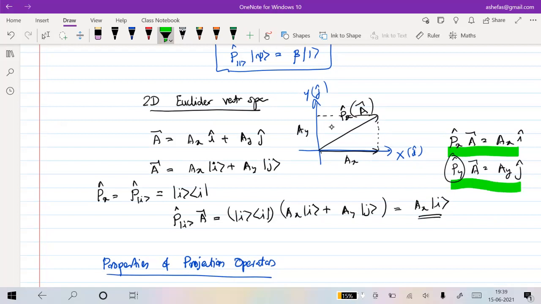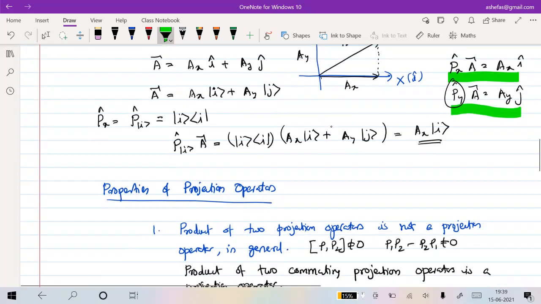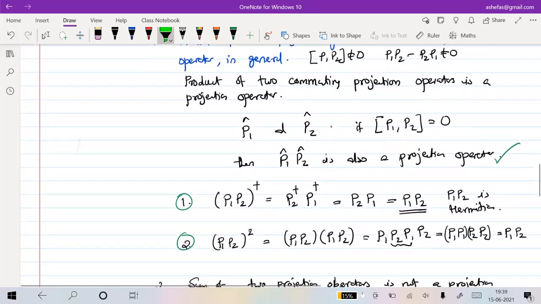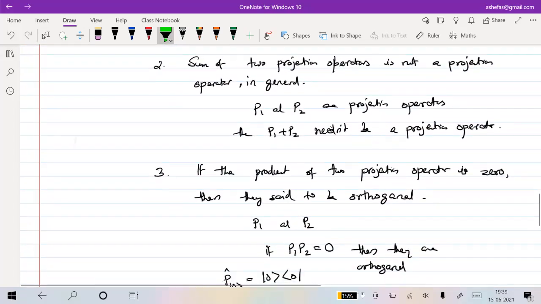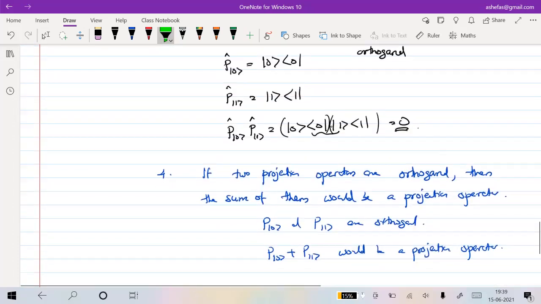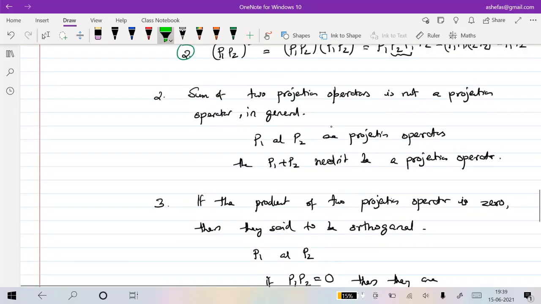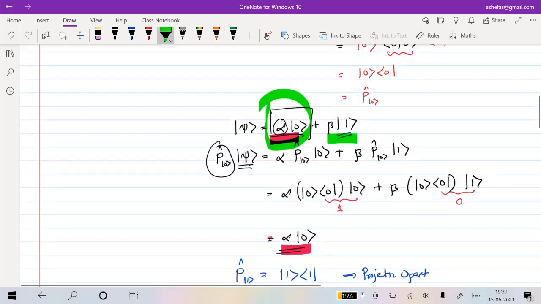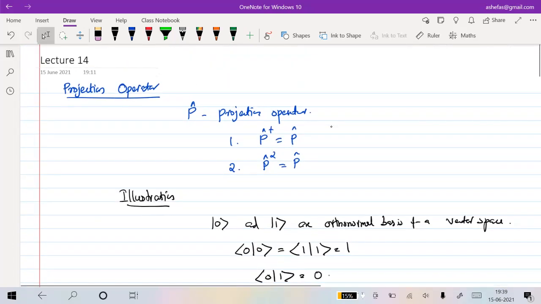So this is the meaning of the projection operator, and this can be extended to an n-dimensional vector space. Thereafter, we discussed the four properties of projection operators. So that's all about the projection operators. Next, we'll be discussing the similarity transformation first, and then we'll move towards the unitary transformation.